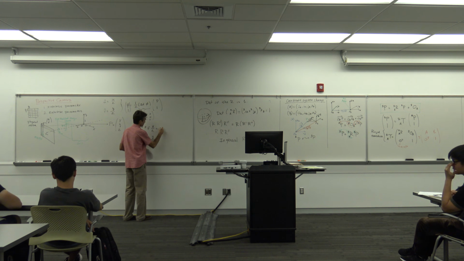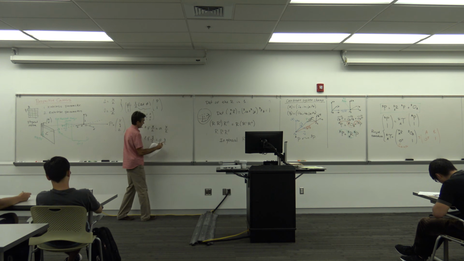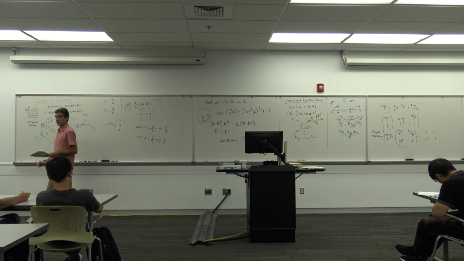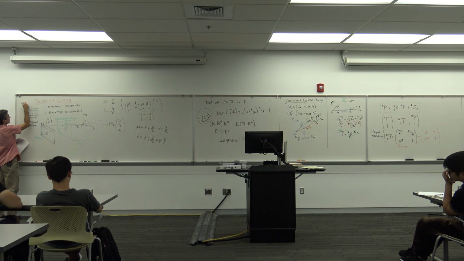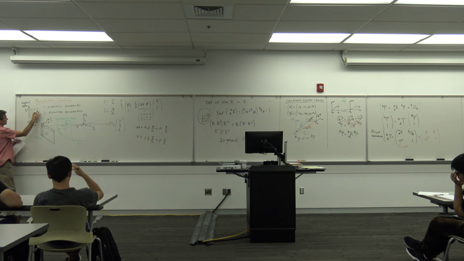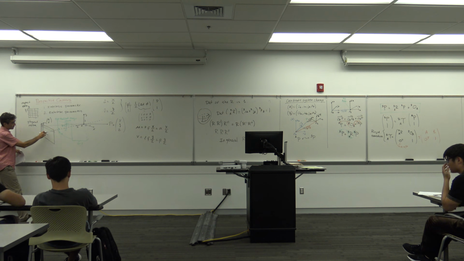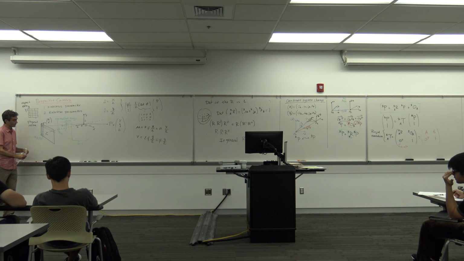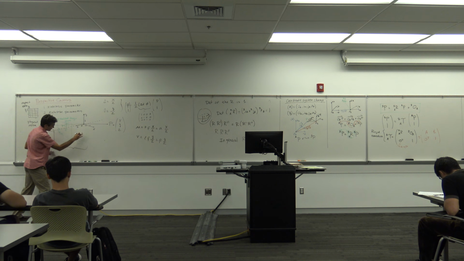In fact, I can simplify this as alpha X over Z and beta Y over Z, where alpha and beta represent both the aspect ratio of the pixels in my physical retina times the focal length, right? Remember, the focal length is the distance from the pinhole to the physical retina.